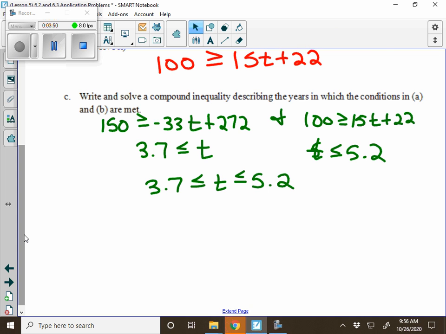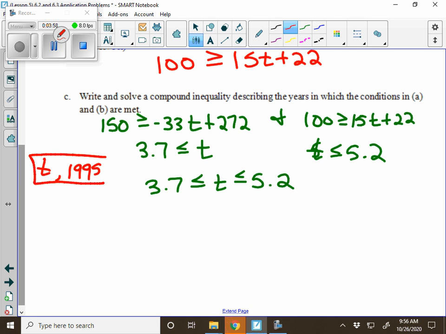Now, one thing we've got to remember: T was years after 1995. So that means this would translate to 1998, and this would translate to 2000.